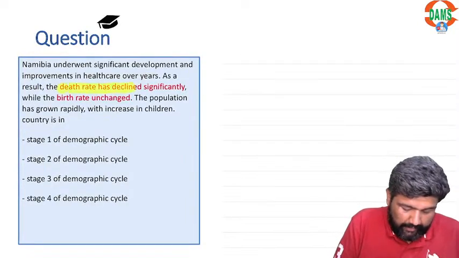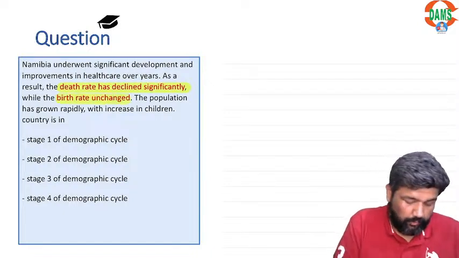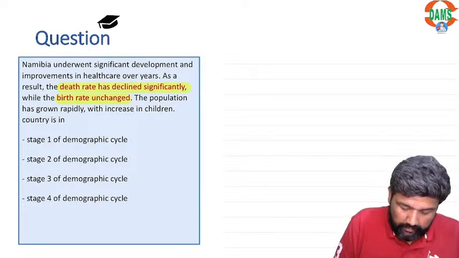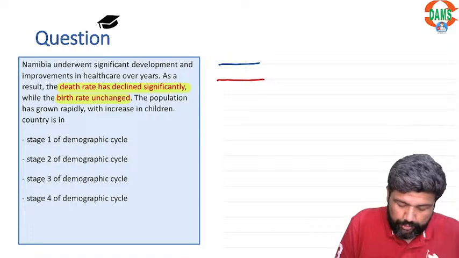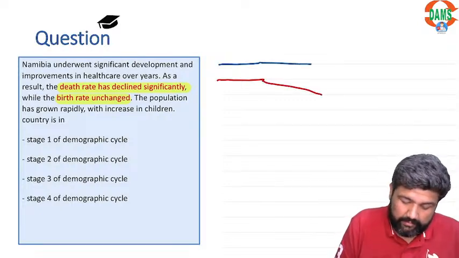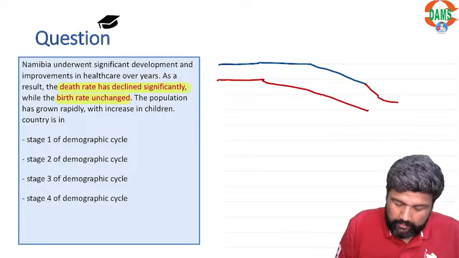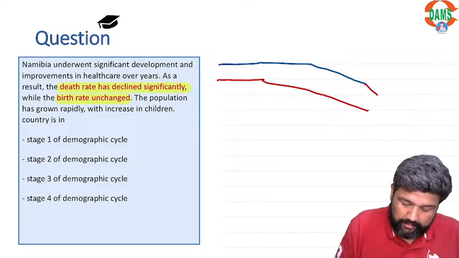Okay, death rate has declined, birth rate is unchanged. So stage 1: both high. Stage 2: death rate decreases, birth rate is the same. Stage 3: both decrease.